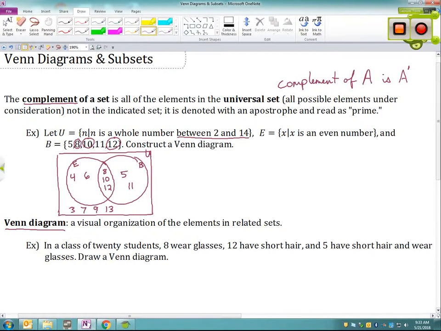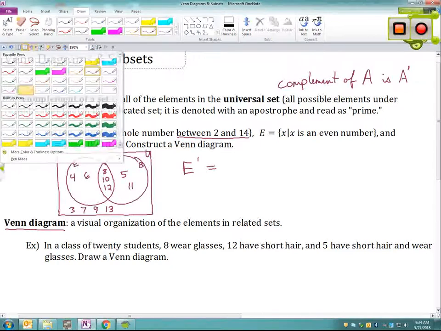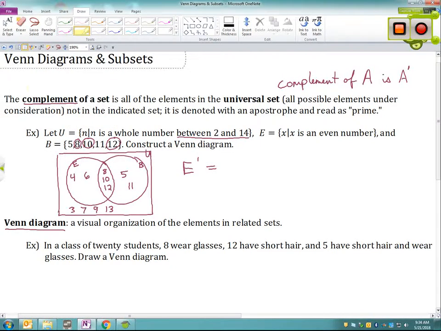So if I had questions about this, for example, if I wanted to know what would be the set of E prime, remember prime is complement, so that means all of the terms that are in the universal set but are not in set E. Sometimes shading is a little bit easier.